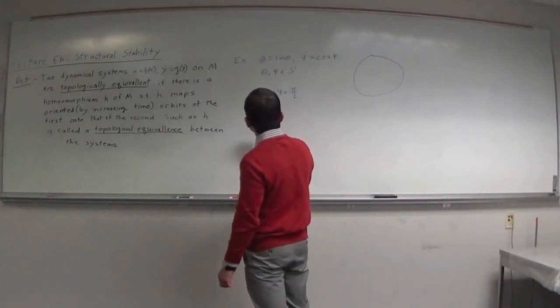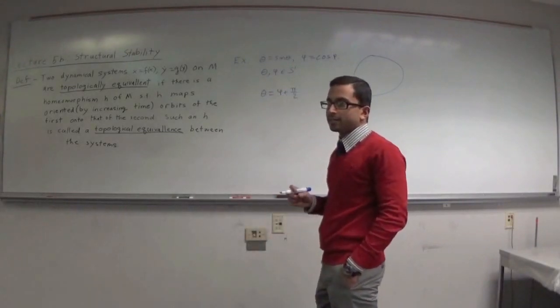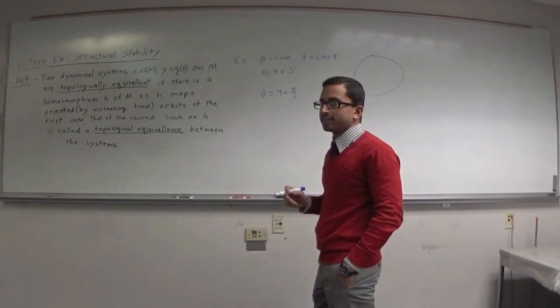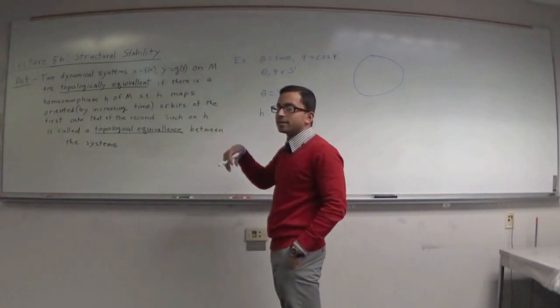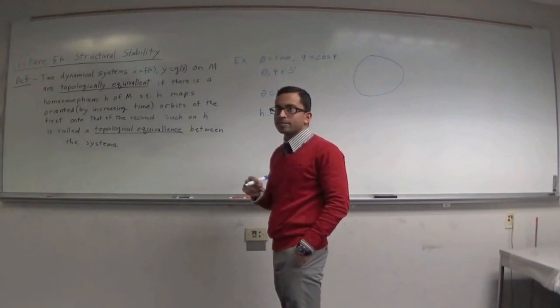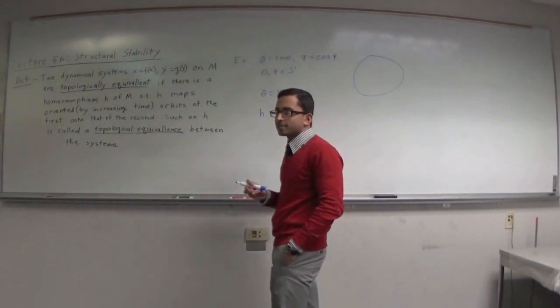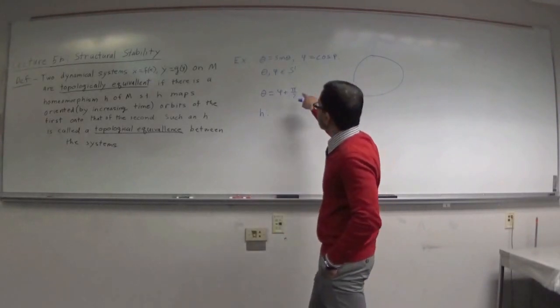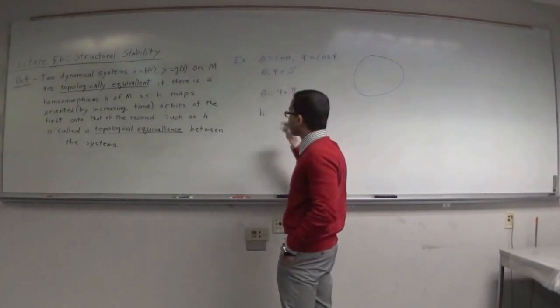So then how do we want to define our homeomorphism? H is going to go from what set to what set? Here H is just going from S1 to S1, right? Since both theta and phi are in S1.